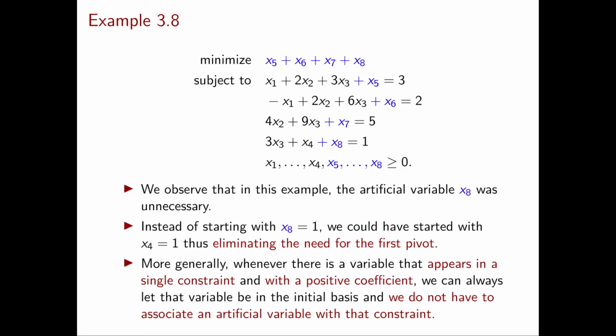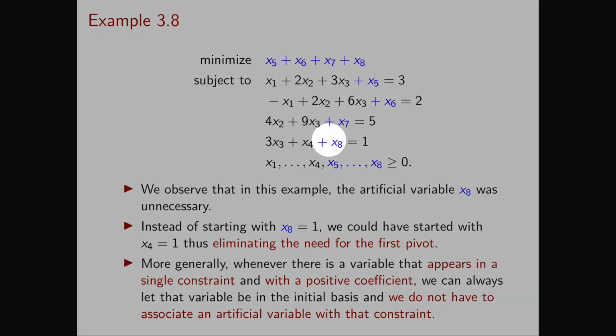Before moving on, I want to mention one more thing about example 3.8. I want to give you a simple trick that in the future might speed up your exercises by sparing you a bunch of calculations. The key observation here is that when we created the auxiliary variable, we didn't really need to introduce the variable x8.